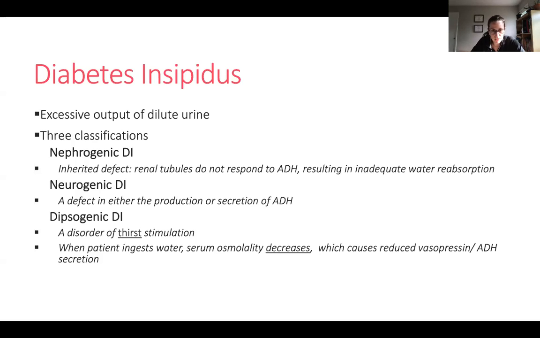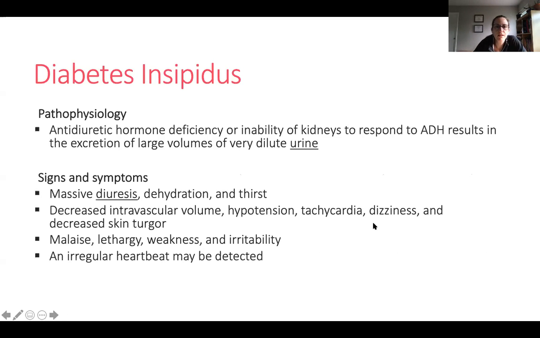So that could be a result of excessive water intake or psychiatric conditions. So the pathophysiology, the ADH, either there's not enough being produced and secreted, or the kidneys are not responding to it. So then there's going to be a lot of loss of water.